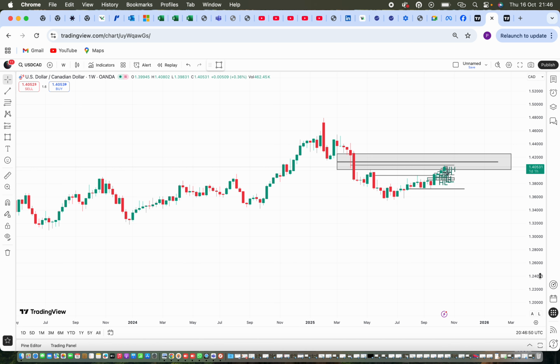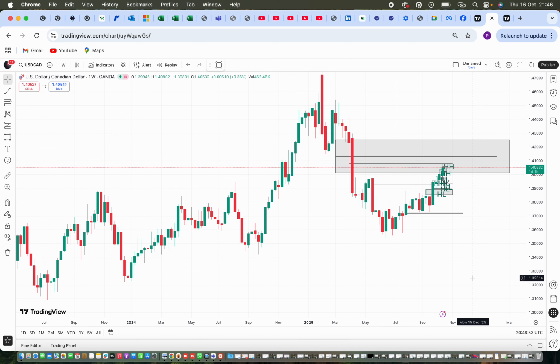Now if I go to the weekly time frame, it will be a bit obvious. Can you see that line that I marked? Sorry guys. So now price will need to come to this level before we see some form of pullback.